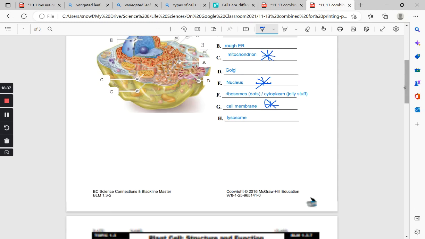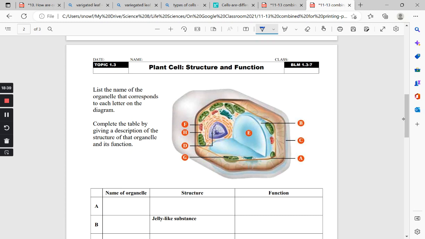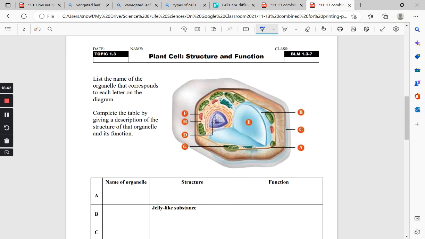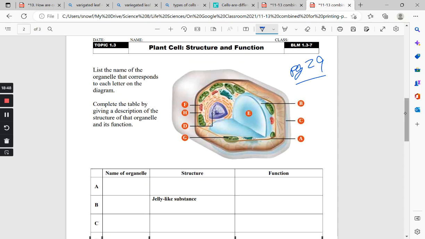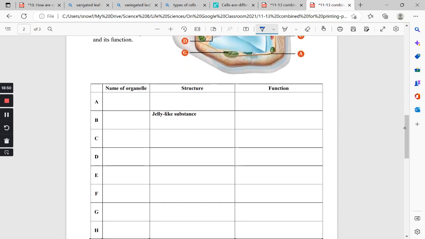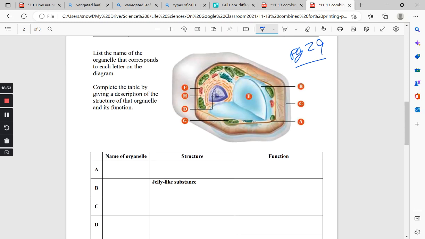Okay, you're going to continue going through this, and this is your homework basically. So you're going to be finding this stuff on page 29 in your textbook. You're going to label the name of the organelle. So for example, A looks like it's the cell membrane. Let's put that in there. Cell membrane. And in your textbook, it just puts a blurb all together.